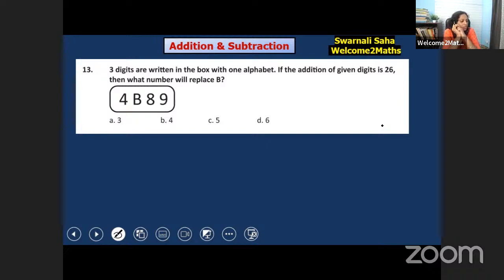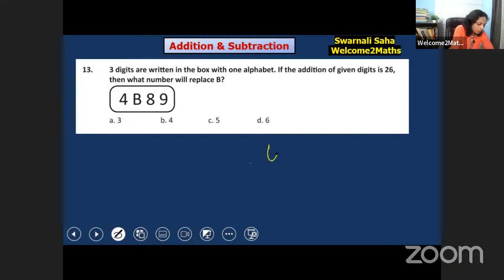Anyone who can solve this question? Yes, yes, so many answers are coming. 5.